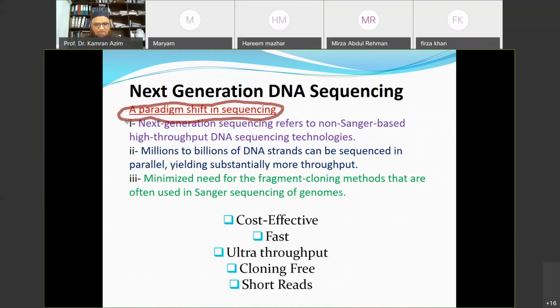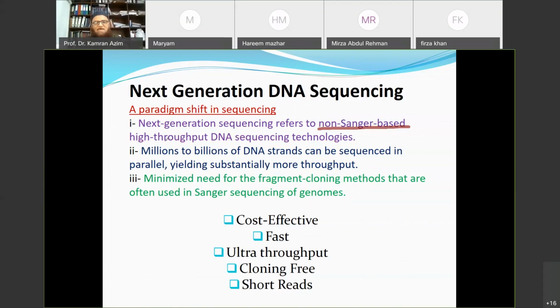Next generation sequencing can be described as non-Sanger based high throughput DNA sequencing technology. Non-Sanger based, of course, Sanger method is not involved over here, and it is high throughput.